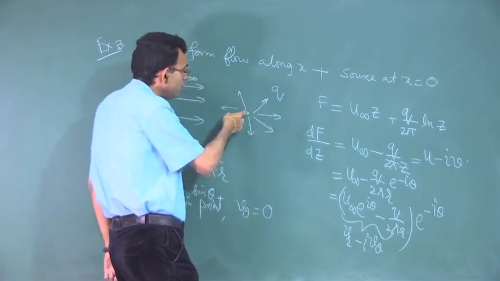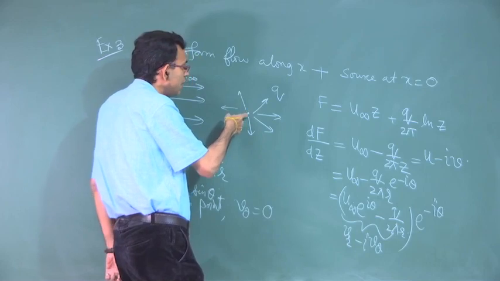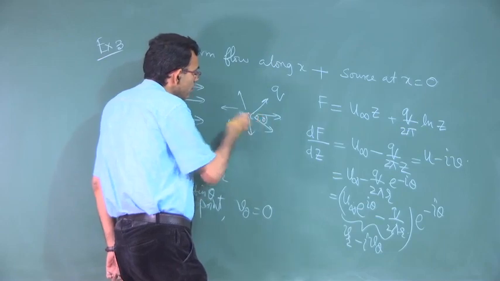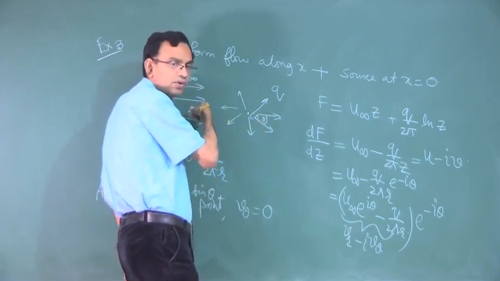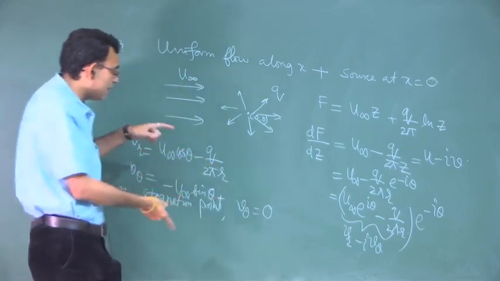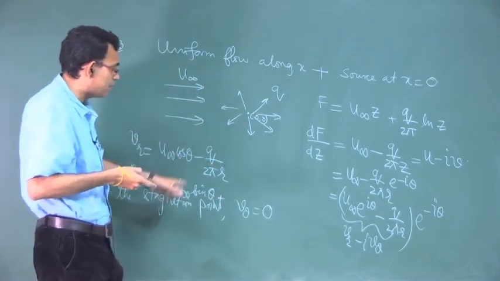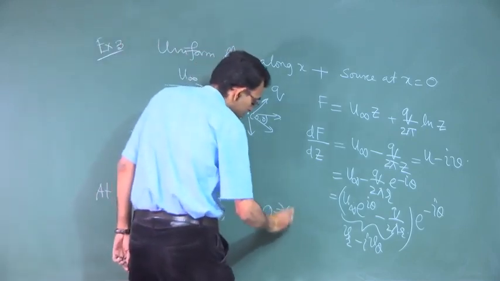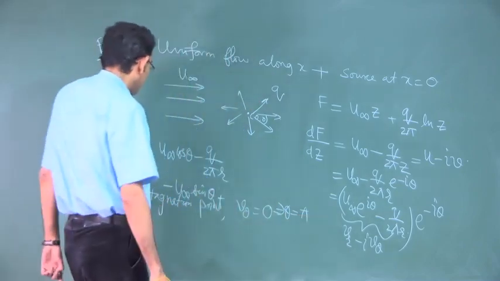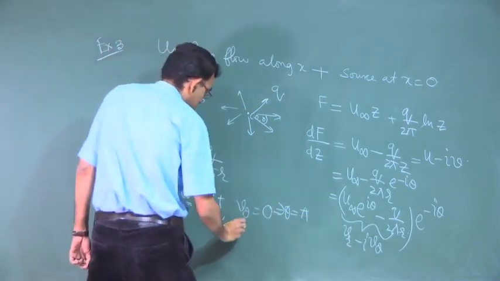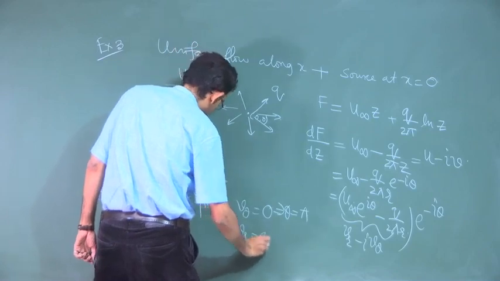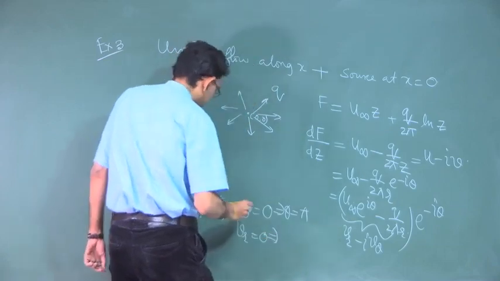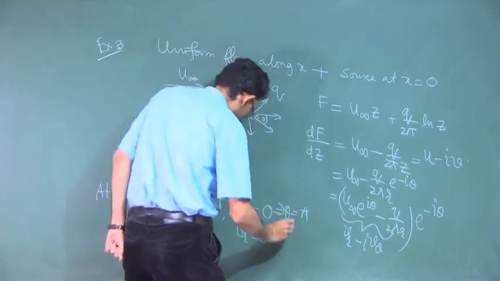It can be located only on the left side of this origin, where the negative flow and the positive flow can cancel. That left side, or the negative side, is represented by theta equal to pi. And Vr equal to 0 means u infinity cos pi, that is minus 1.